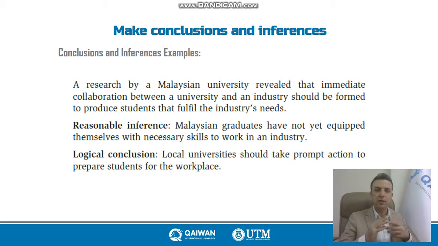Why? Because it has been mentioned. When the research has revealed this immediate collaboration, that means the graduates have not been equipped with the skills. What about a logical conclusion? A logical conclusion is this: local universities should take prompt action to prepare students for the workplace. You see, the conclusion is a bit out of the text.